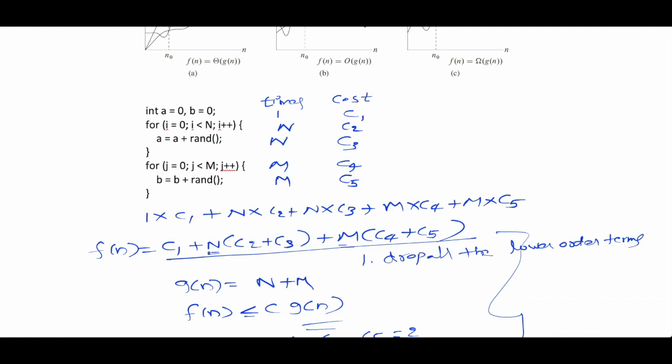But in our case, the lower order term is c1, so let's drop this. Then the second one is to ignore all the constants. So we can ignore these constants, and then we can simply write big O of n plus m.